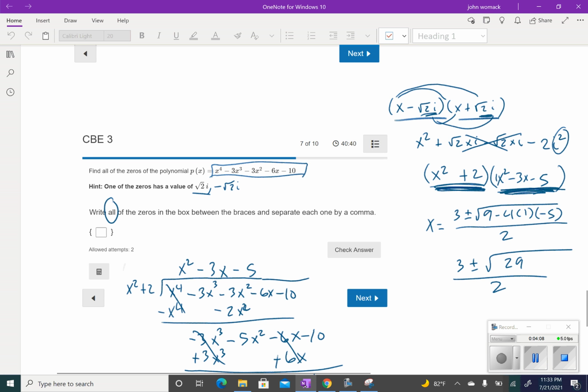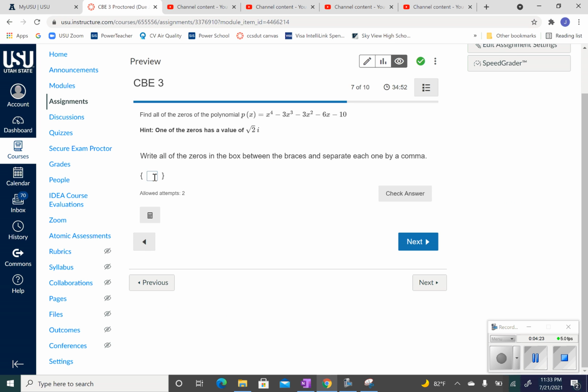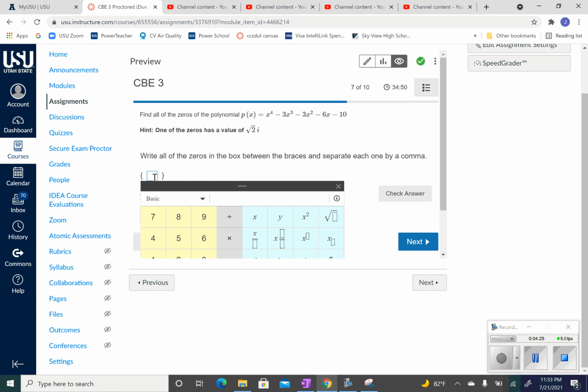Really quick, I am just going to write those down, and then we will switch over to the actual quiz there and put that in there and make sure we got all the formatting and all that so that it works right. Okay, so we want the square root of 2i. Make sure when you do this, we want the i outside of the square root. So make sure you hit the arrow over and the square root's not over the i.